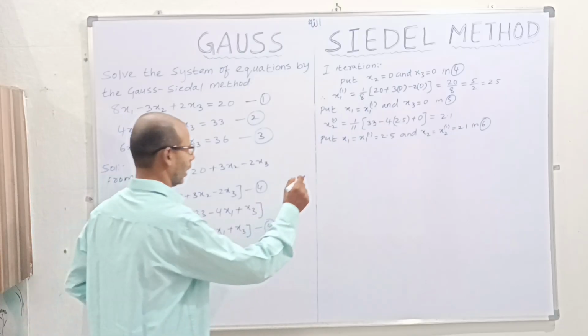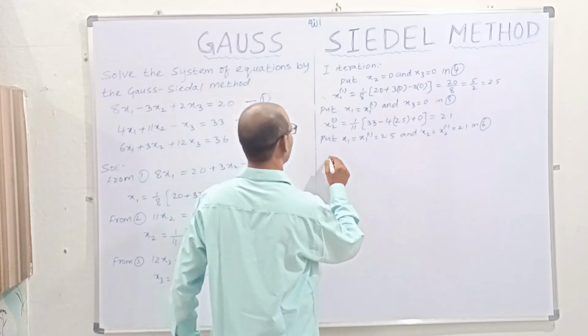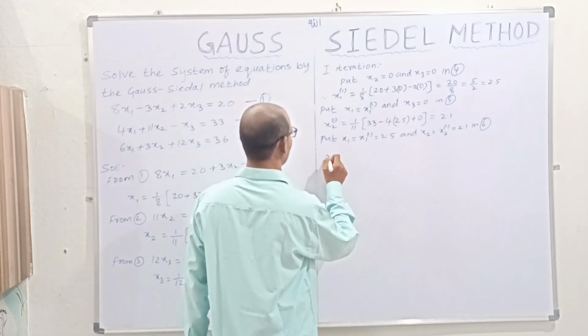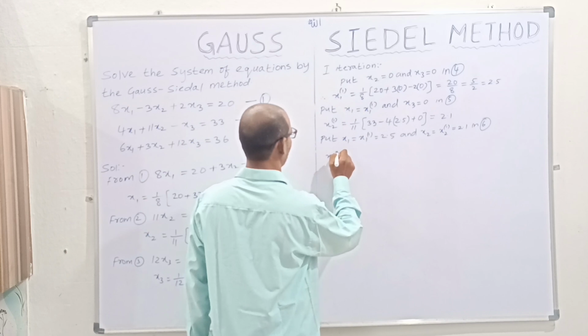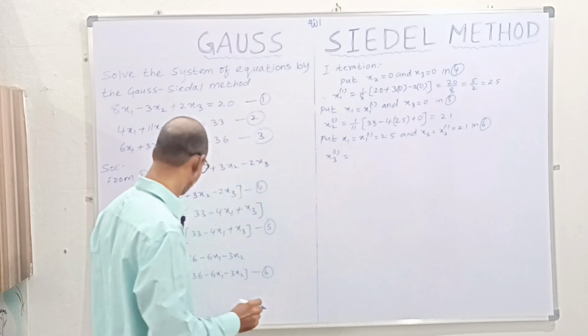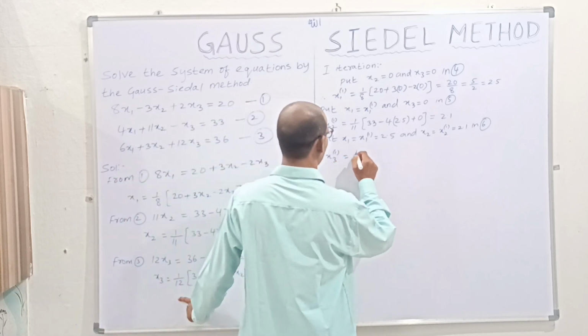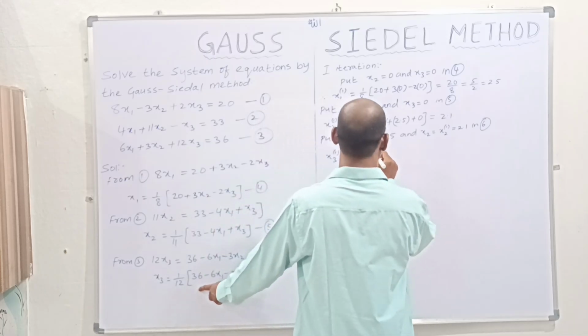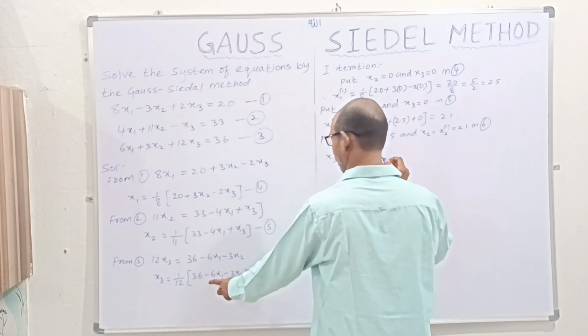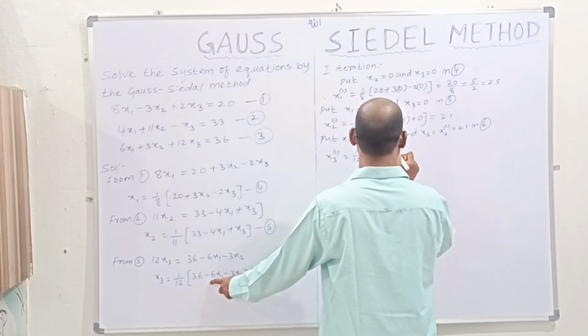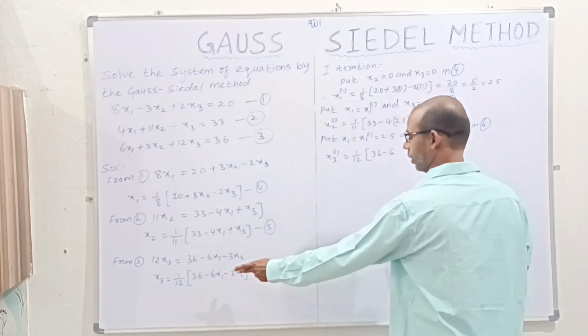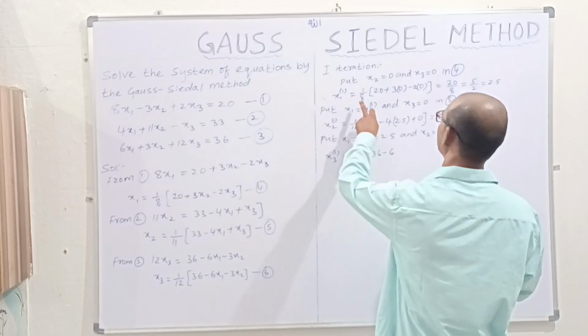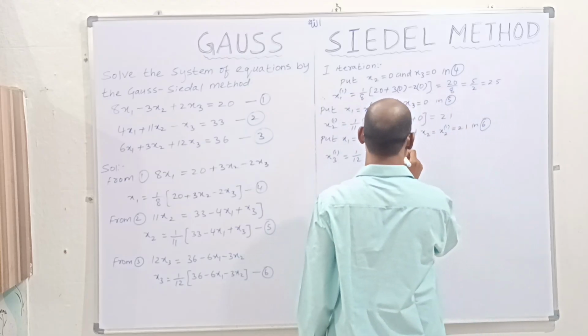Then you will get the first iteration of x3. So x3 is equal to 1 by 12 into (36 minus 6 into x1). So x1 is how much? That is 2.5.